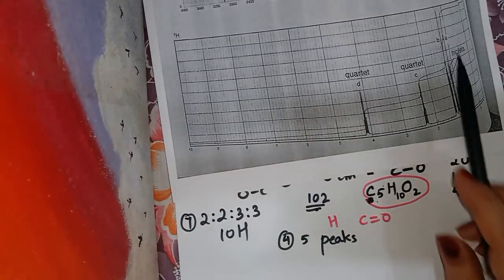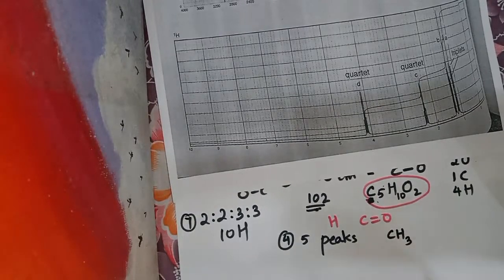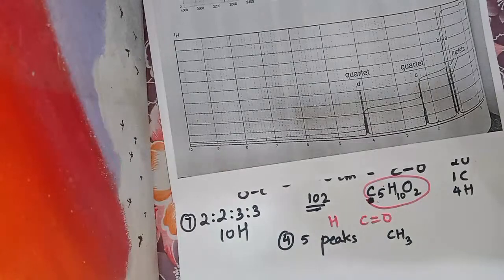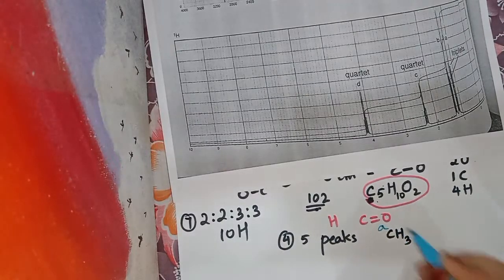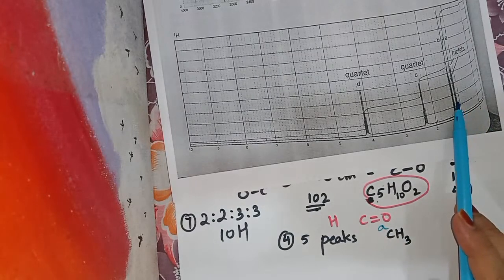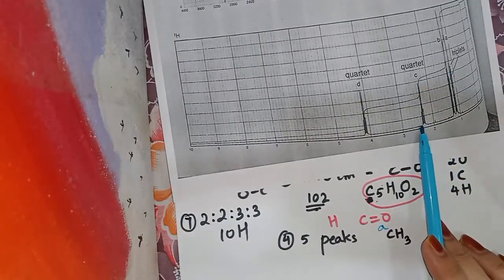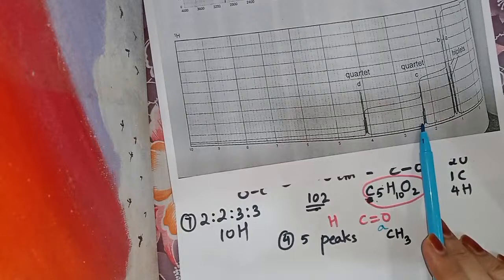this is A. At A, I am getting a CH3. So I'll write it as A. Next, at C. At C, it is a quartet.